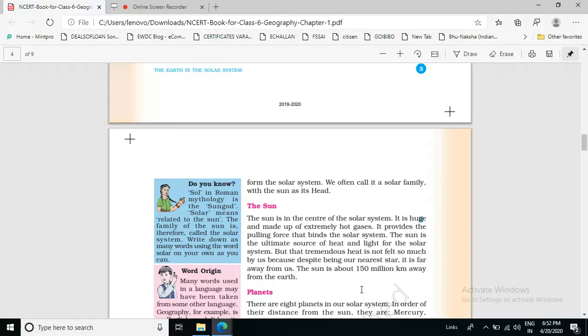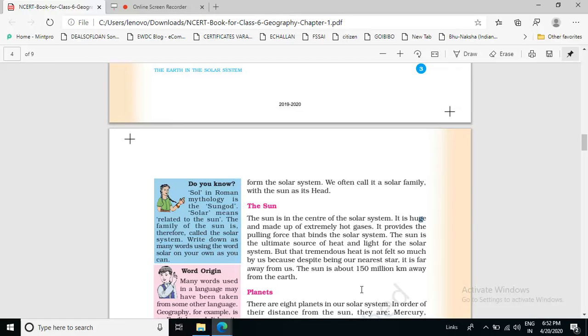Okay, and on earth we get heat and light from the sun only. Not only on earth, but all the planets in the solar system get heat and light from the sun only.